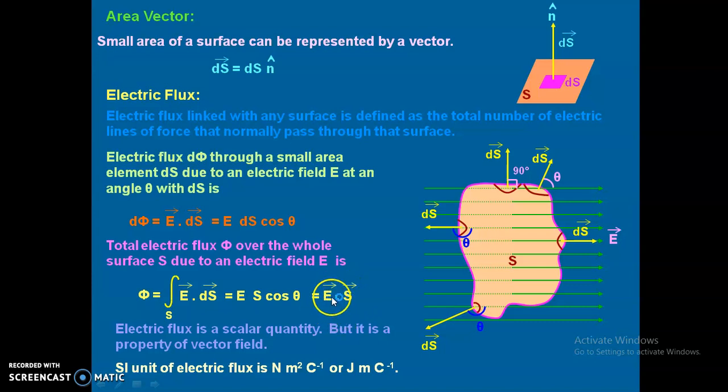According to the formula, E is equal to F upon q naught, Newton per coulomb, into meter square. So Newton meter square per coulomb, right? Now this is another form of the unit, joule meter per coulomb, after understanding the relation between work done and electric field, right?